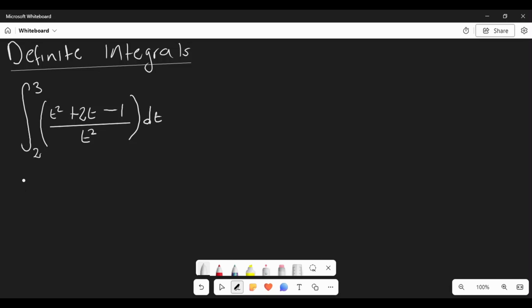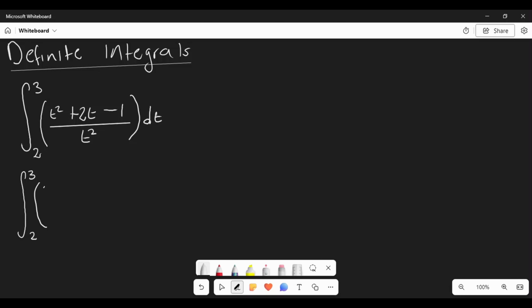So from previous videos on integrals, we know that when we simplify, the sigma and the dt remain there, right? So what you should do is divide each term by this t squared there, because this line represents that.